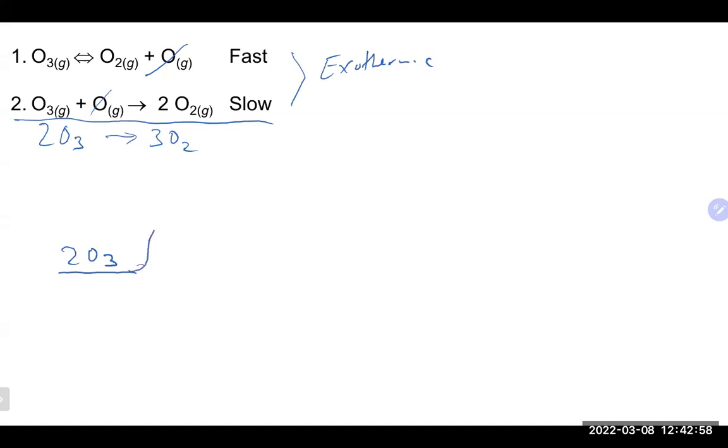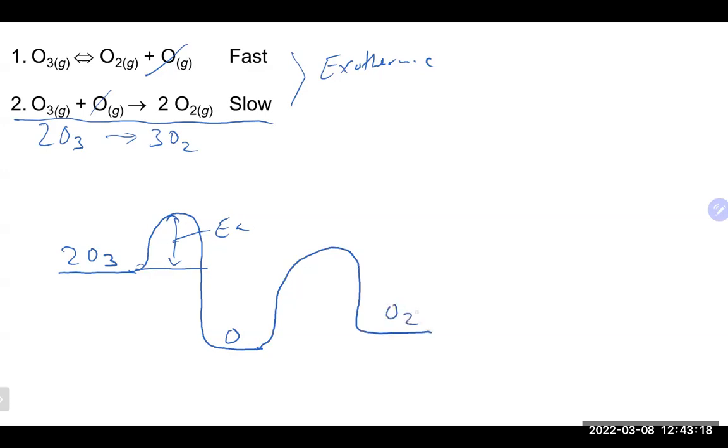So coming up here and coming down to our intermediate, which would be O, this would be our first step here, which would be our activation energy. Our second step would curve back around and come this way to our O2 in this case.